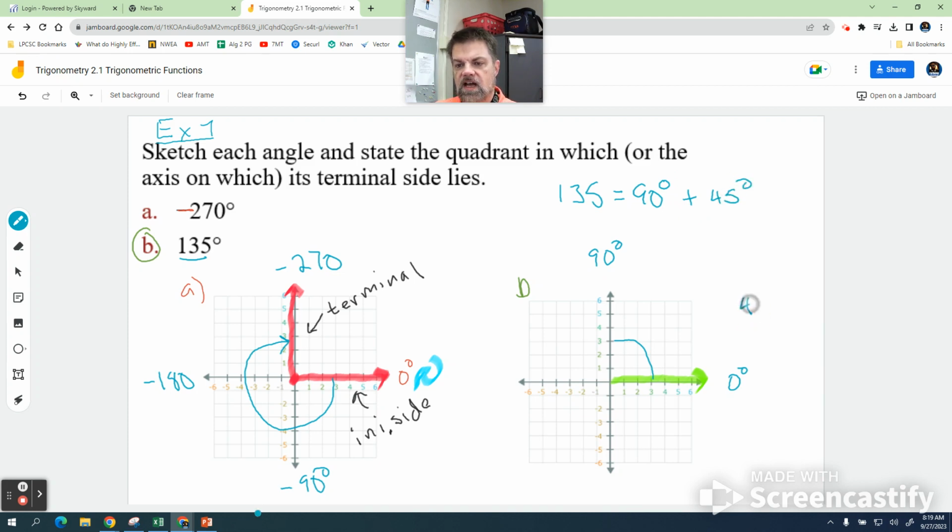Consequently, 45 degrees is equal to 1/2 of 90 degrees. So my 45-degree angle is right in the middle. It bisects this angle here. So I'm going to draw a line that goes right through the middle of this thing like this.